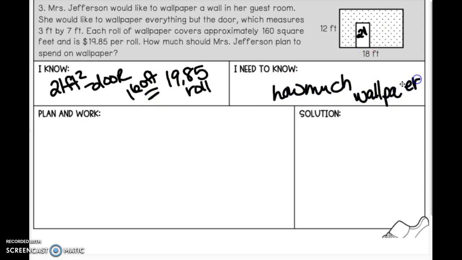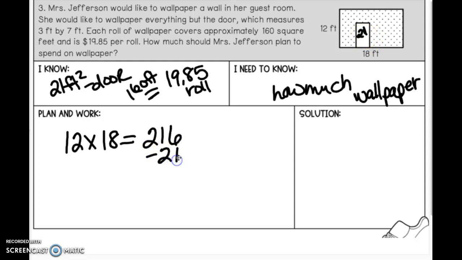Okay, well, first thing we got to do is figure out what's our wall. So 12 by 18 is, multiply that out, and we get a wall that is 216. But we got to take out the door, so we're going to minus 21. So this is the door. We're not papering the door. So it is 195.